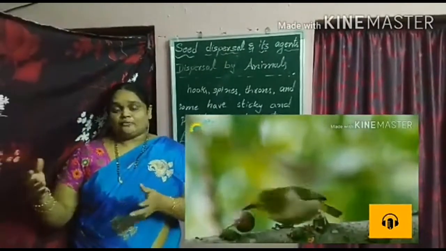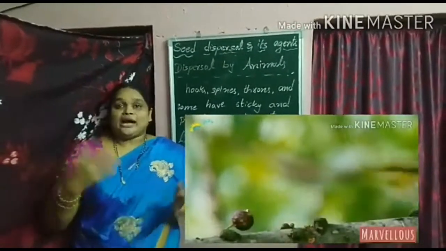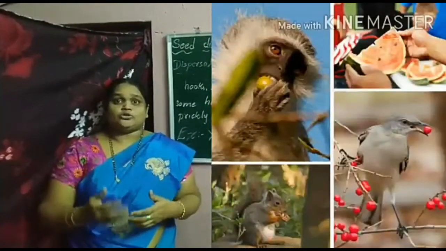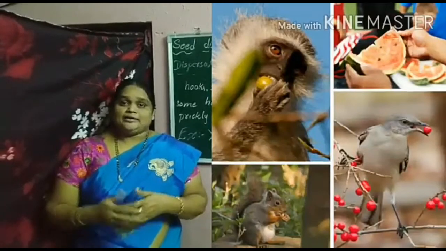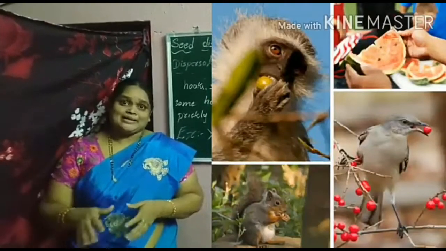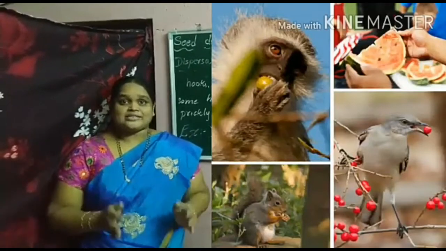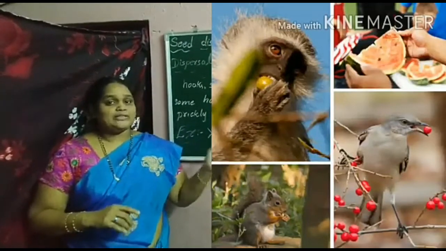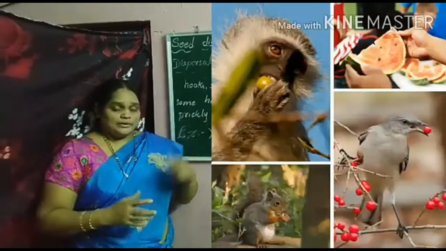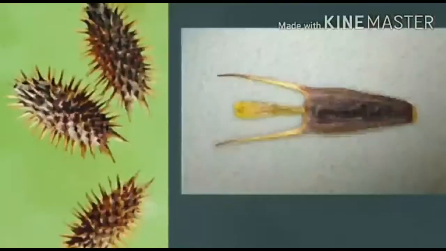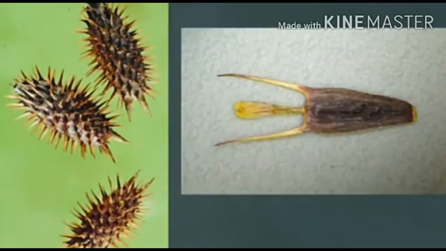Later, after some time, that undigested seed can pass out through their body, and in that other place, that seed starts germination. So like that, animals also help the seeds to disperse. Examples for dispersal by animals are xanthium and cocklebur.